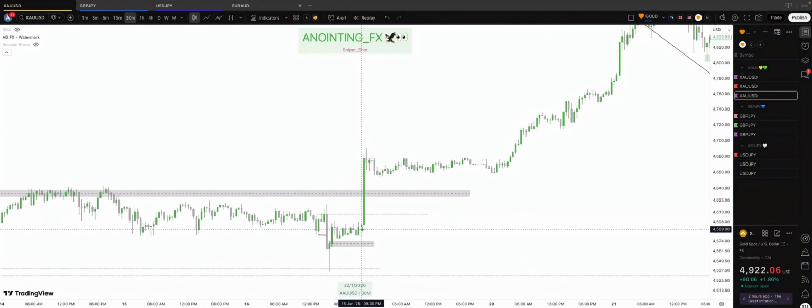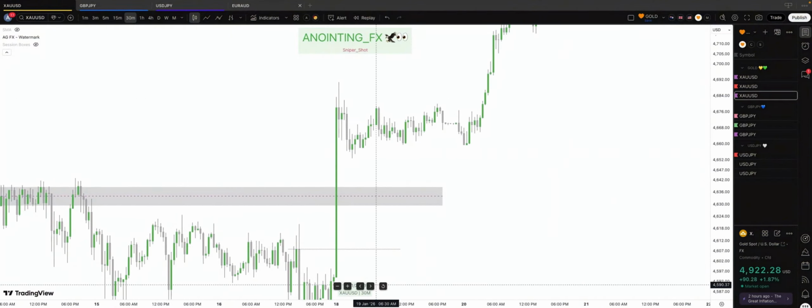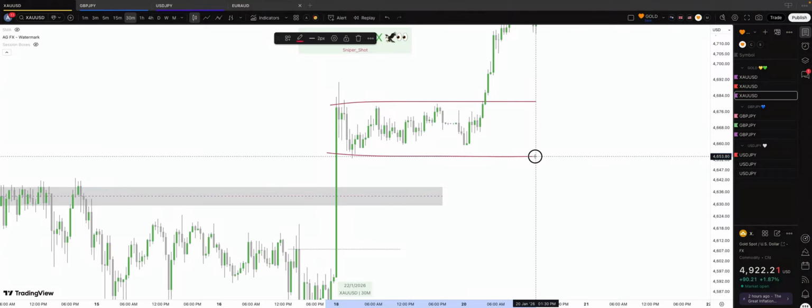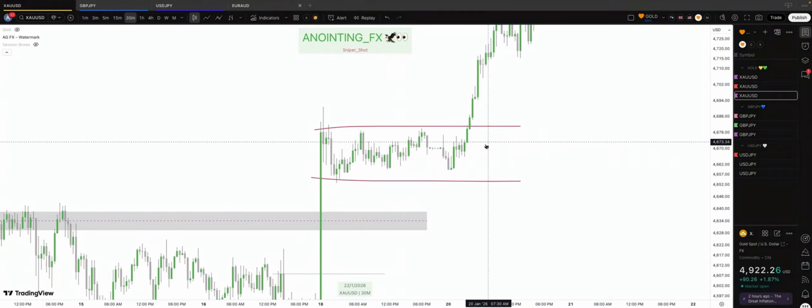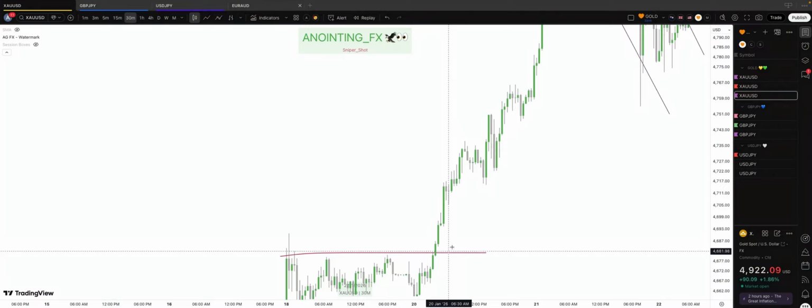Okay, we saw this impulsive movement to the upside, and then what happened afterwards? We saw price, after the impulsive movement, consolidating within this range. Okay, price consolidated within this range, and then after it broke above it, it gave another impulsive movement.